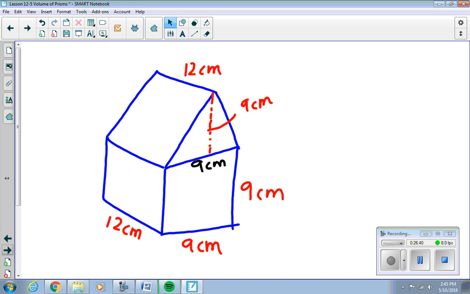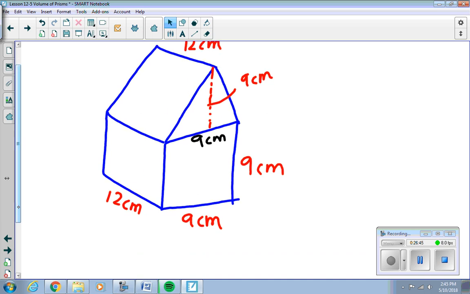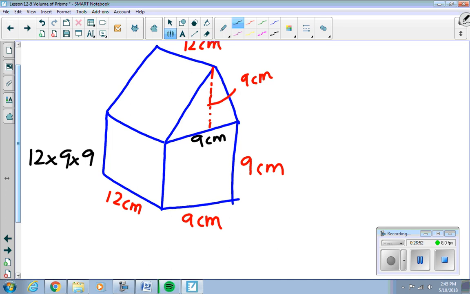Okay, first of all, let's talk about the base, or the bottom. That'd be 12 times 9 times 9. That's the bottom, right? That's this part. And then the top would be 9 times 9 divided by 2, because it's a triangle, times your 12. And then you do those and add them together. The height, you got to remember the height of that too.